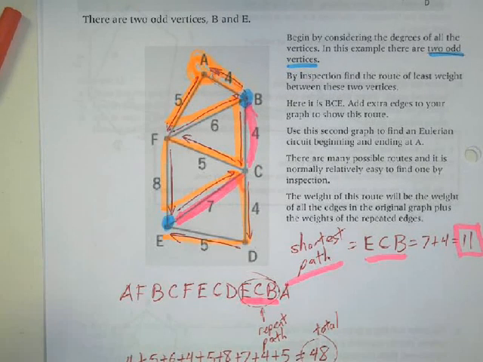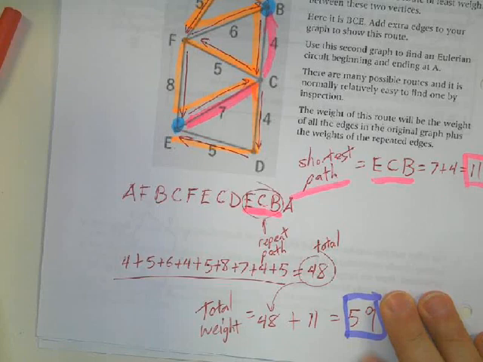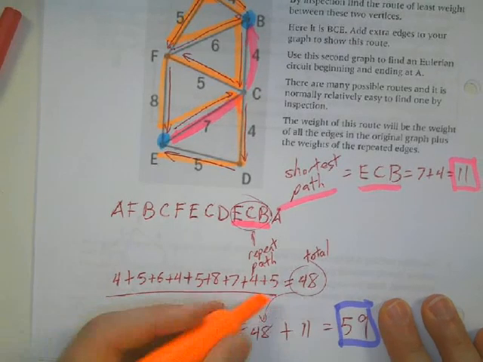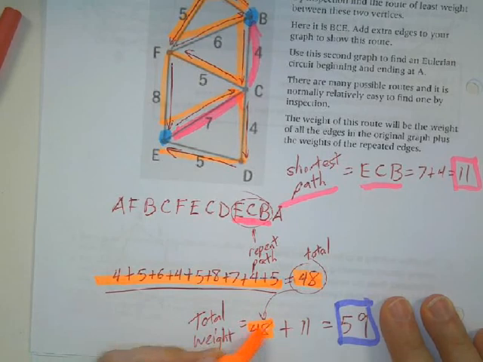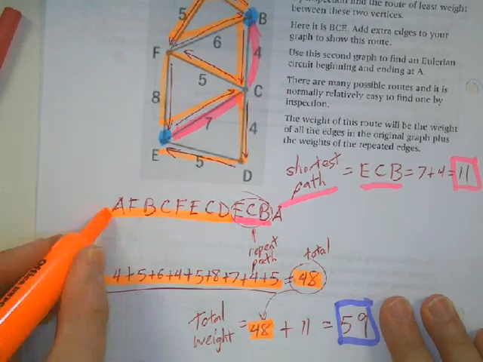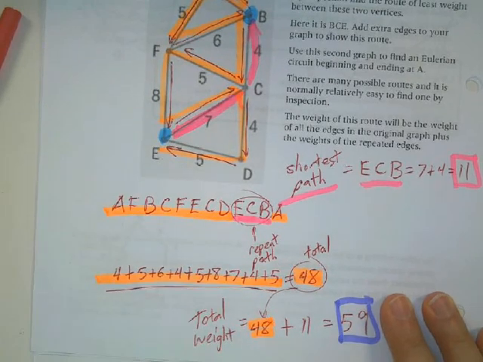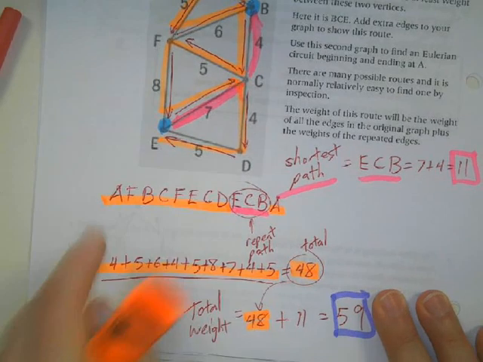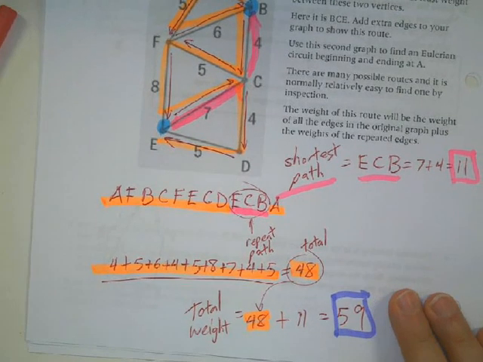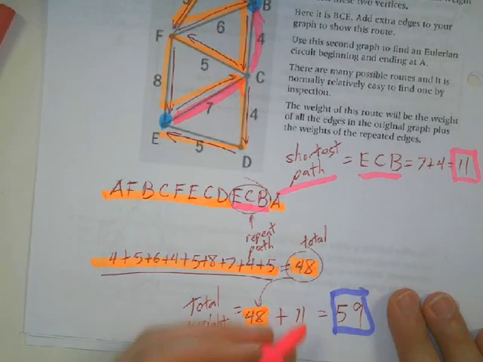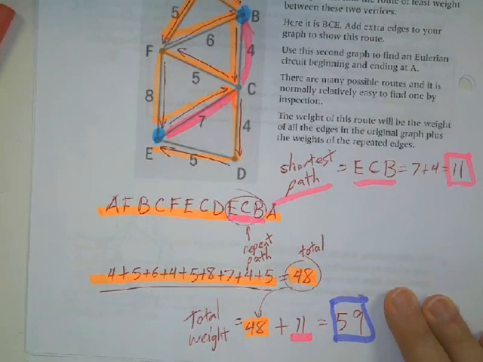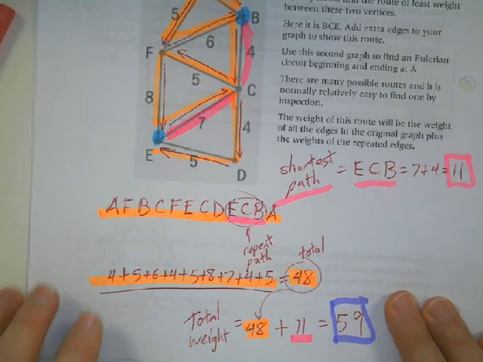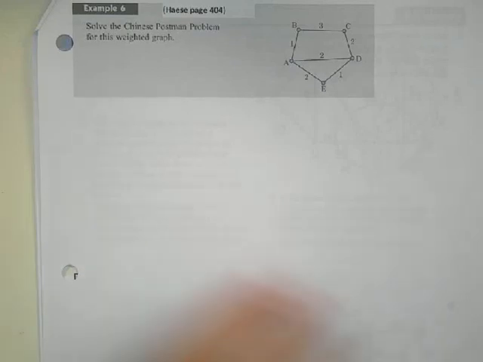All the orange paths add up to 48, and my extra path, which is the duplicate, is 11. I hope that helps clarify anything you might have had.